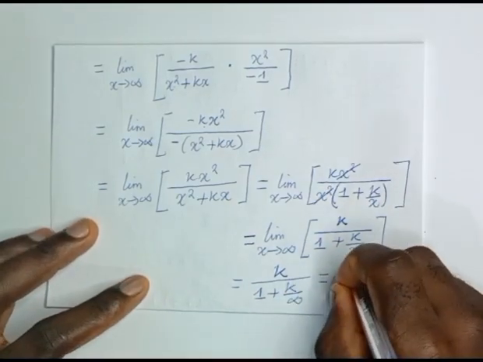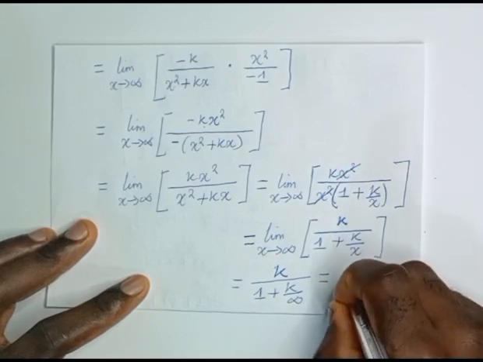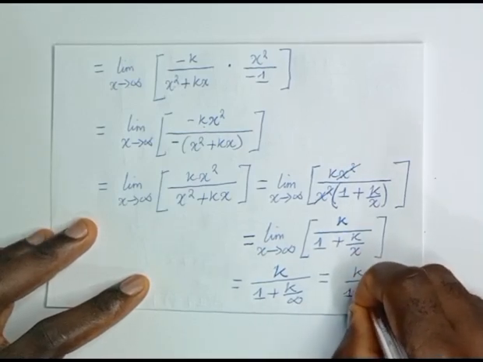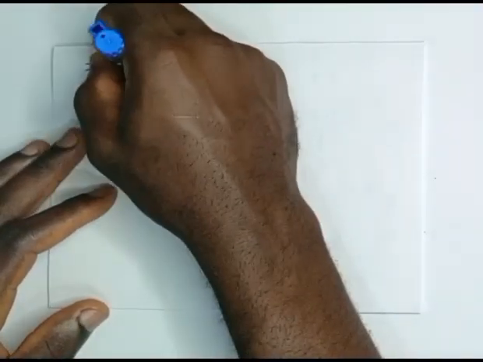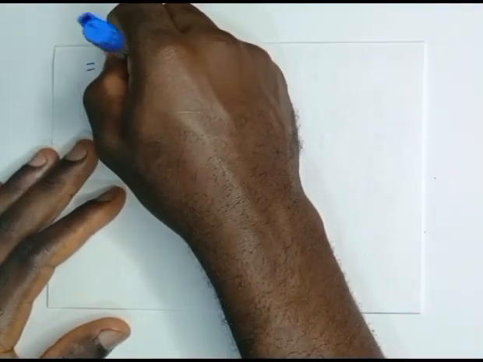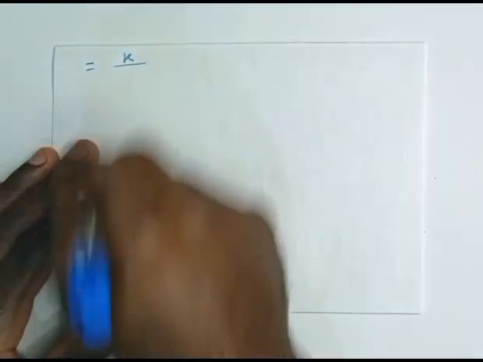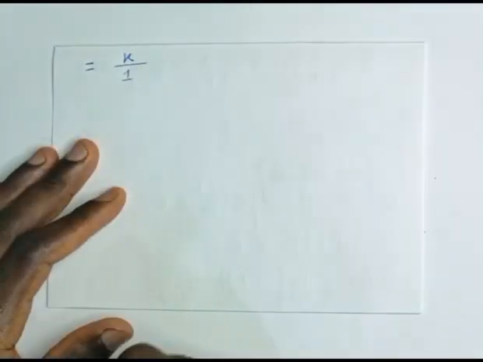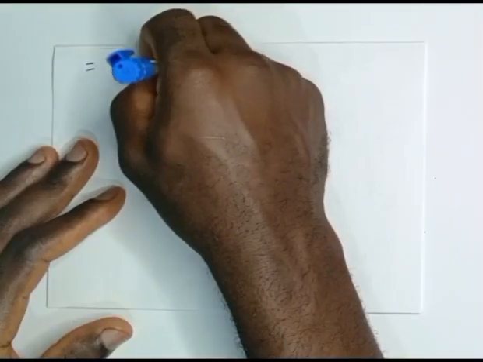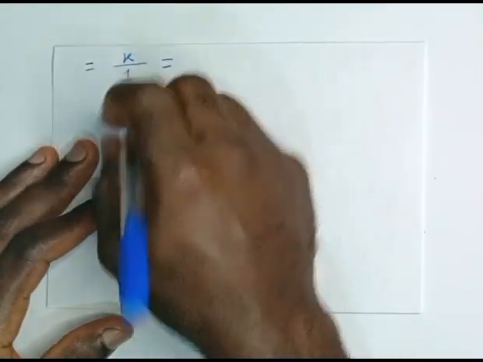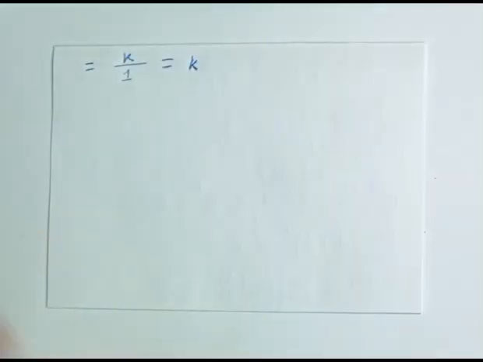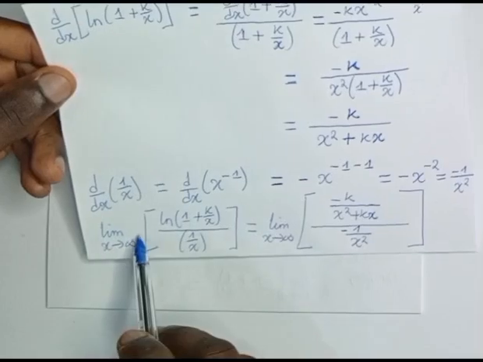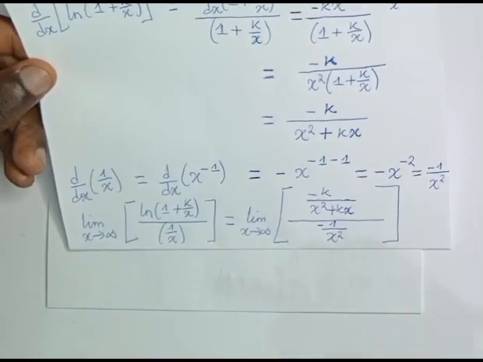And this will simply be equal to k all over 1 plus 0, which gives us 1. This is equal to k divided by 1, which gives us k. It simply means this limit is equal to k.